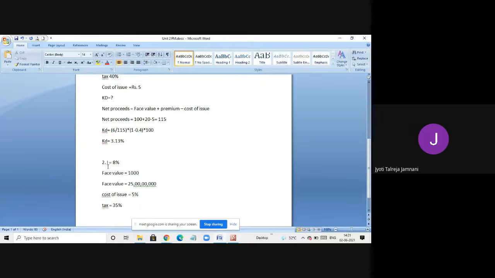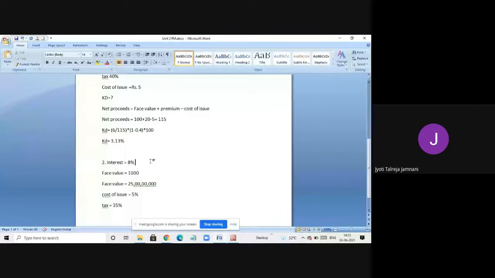First, interest. 8% of 25 crores we'll find out. You get it as 2 crores.